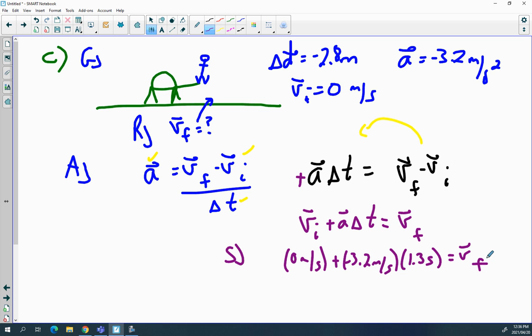So I get my calculator out, and I take 3.2 and multiply it by 1.3, and we get a final velocity. Remember, there's a negative sign there. Don't forget that negative sign: negative 4.2 meters per second is the final velocity. And bingo, bango, we are done. All right. Thanks for asking this question. Greatly appreciate it.